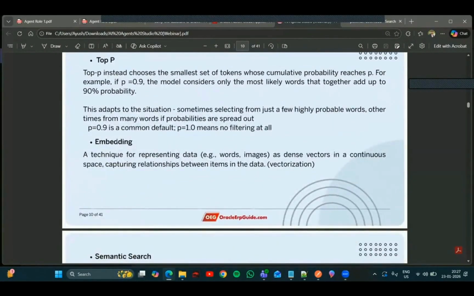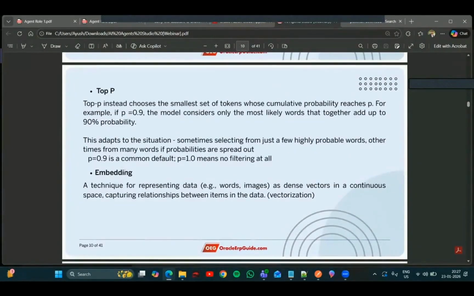Now embedding. We understood what RAG is. Embedding is representing data, any data, let it be words, images, anything, using numbers so that the machine can understand what is behind these words, images, videos, audios, anything. Let's take a human understandable format. Let's assume there is a word called apple.